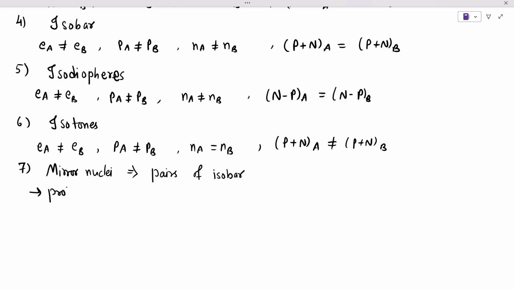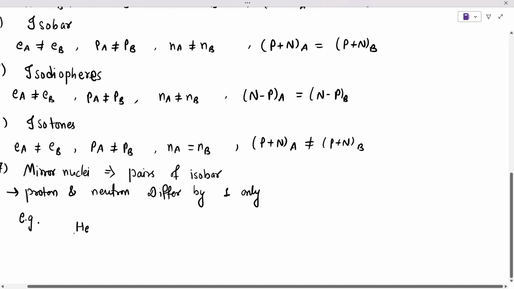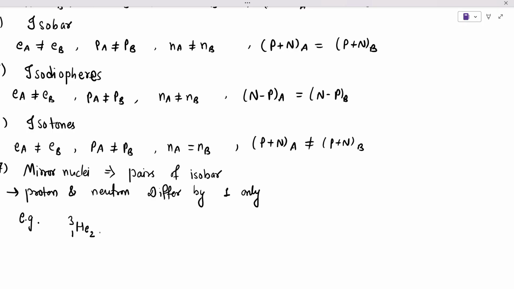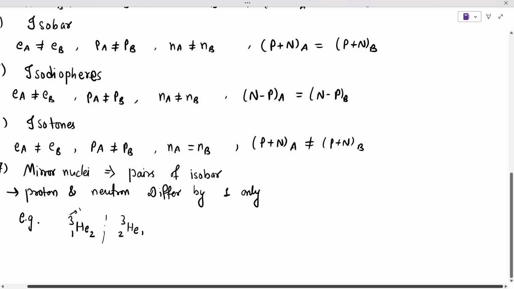For example, helium-3 with 1 proton and 2 neutrons, and helium-3 with 2 protons and 1 neutron. Here 3 is the mass number, 1 is proton and 2 is neutron.